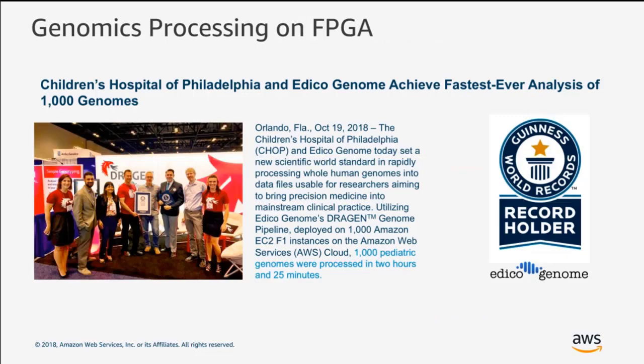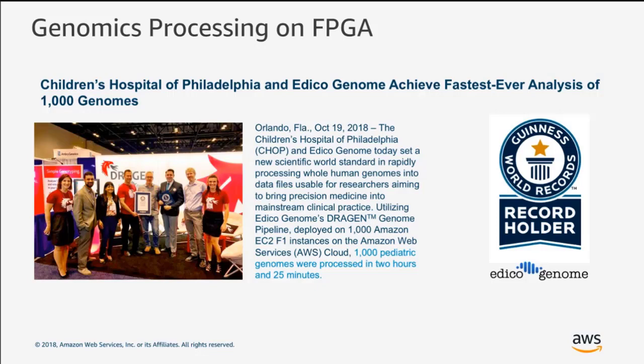A particular interest here in the genomics community is the ability to take advantage of accelerated compute options. So you have Edico Genome, which has produced the Dragon, a genome pipeline that can be deployed on FPGA instance, and specifically the F1 instance that Amazon Web Services makes available.